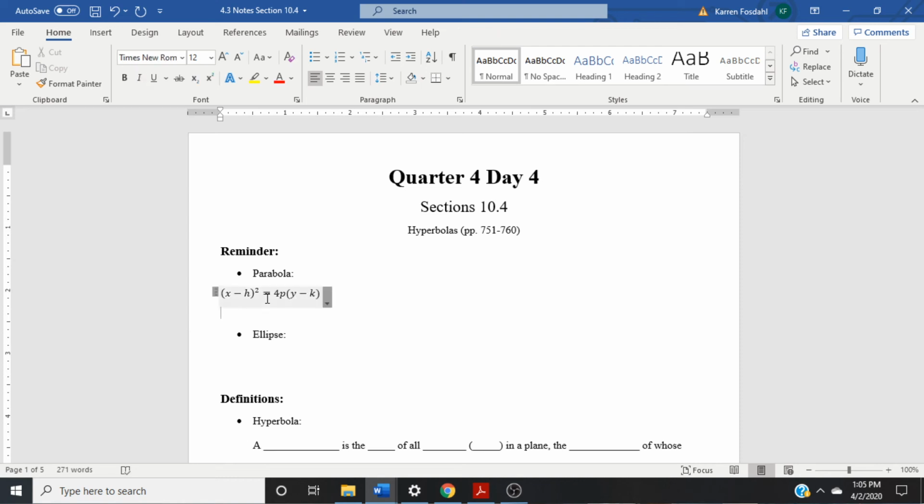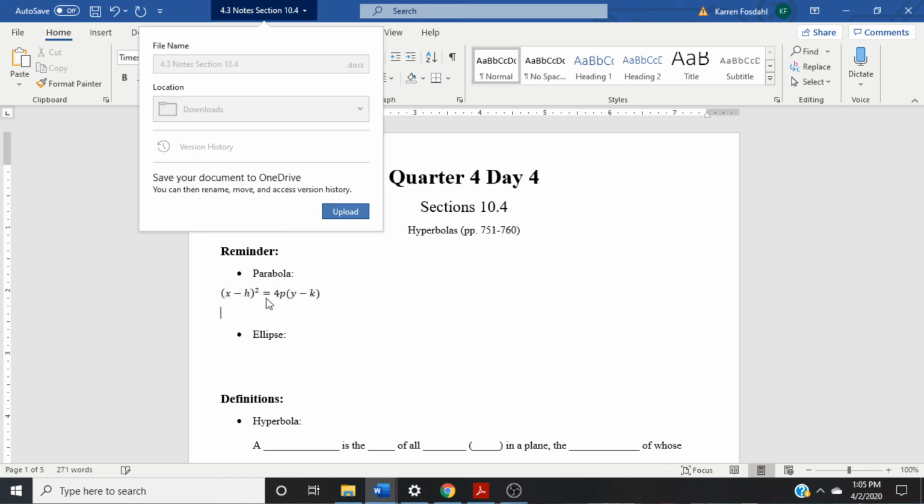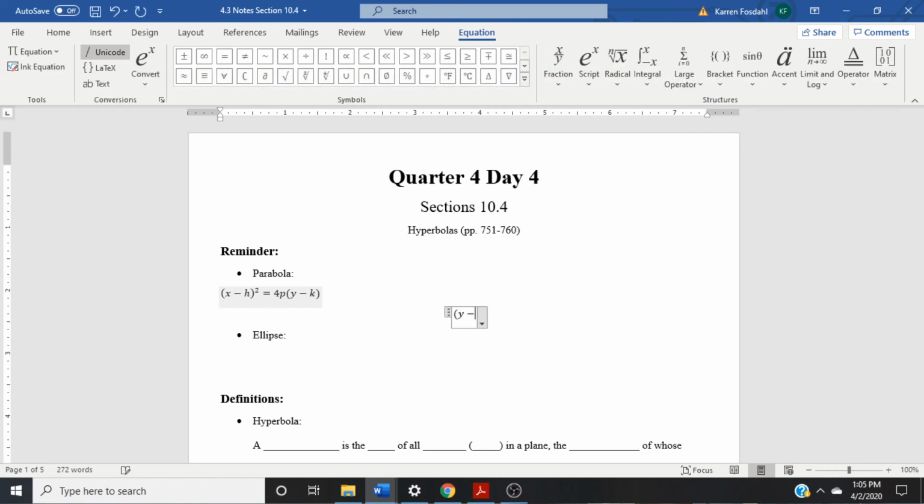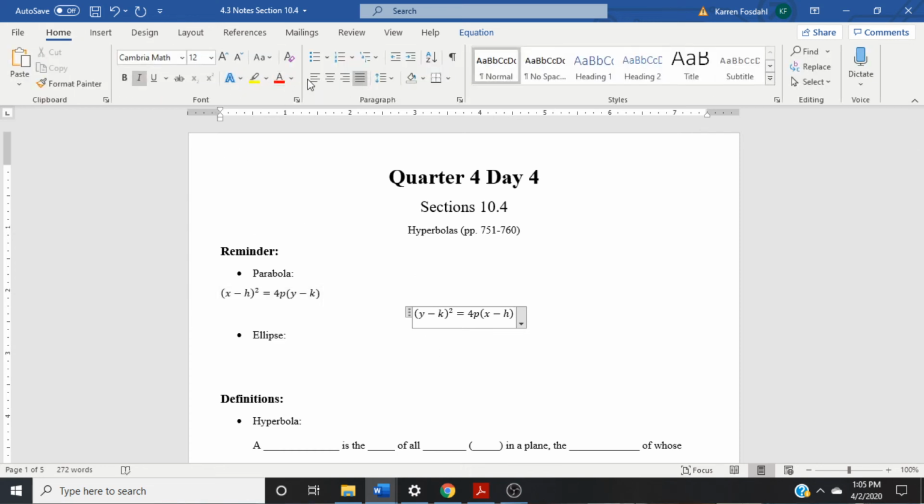And then we also get (y - k)^2 = 4p(x - h). Hi, Catherine. It's good to see you, in the figurative sense. In the literal sense, you are not here. So this would be for a vertical axis, and this is for the horizontal axis.